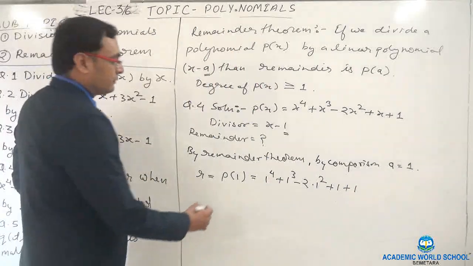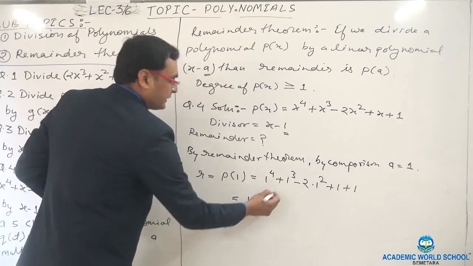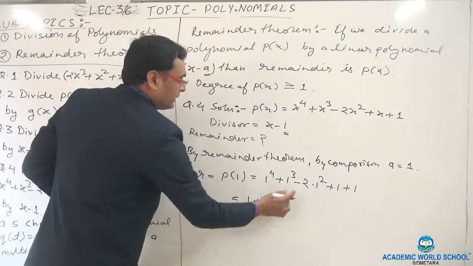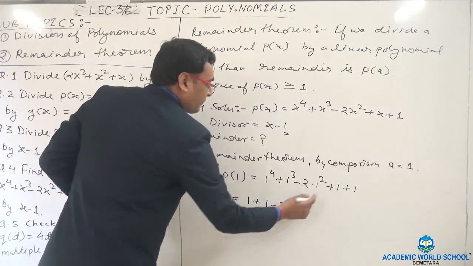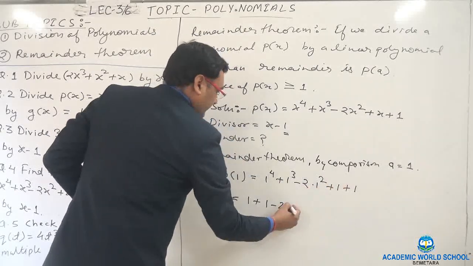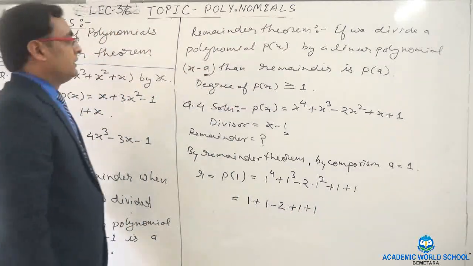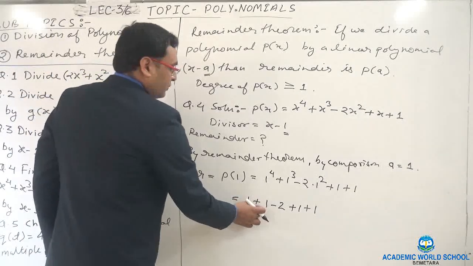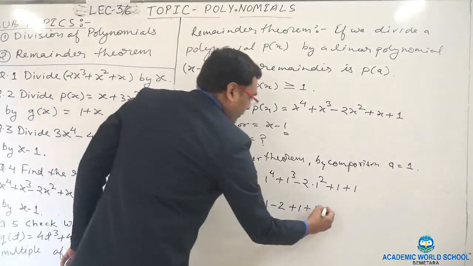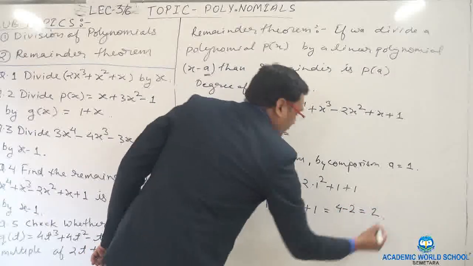So solve this further. 1 to the power 4 is 1 plus 1 to the power 3 is 1. 1 square is 1, 1 into minus 2 is minus 2, and plus 1 plus 1. Solve this. 1 plus 1 is 2, plus 1 is 3, plus 1 is 4. 4 minus 2 is equal to 2.